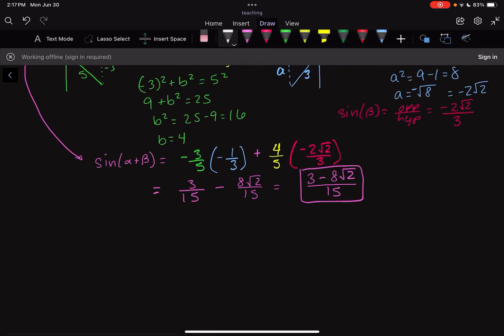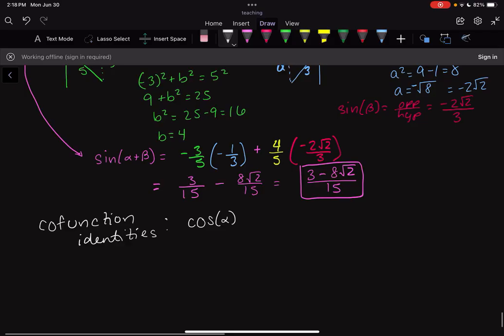Some more identities that will come up on your homework are the cofunction identities. I do not test on these, but it's something that will come up, and I think it's good practice. It's not very difficult to work with, but something to be aware of.